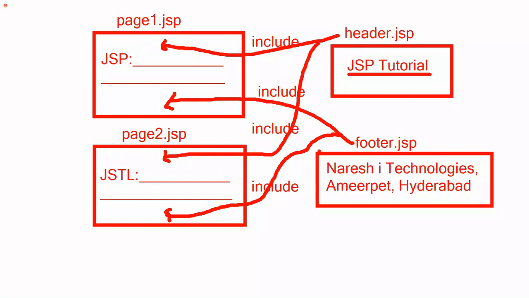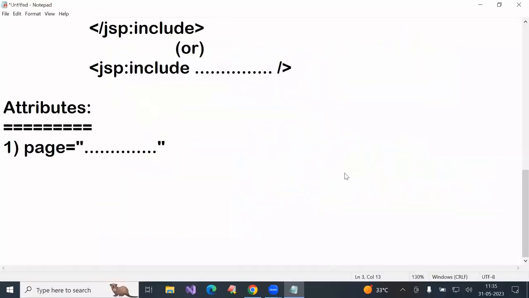The main advantage of this concept is reusability. Whatever theory you studied about servlet including, the same theory applies for JSP also. But what I have to teach is the difference between include directive and include action. First, I'll show you this program.